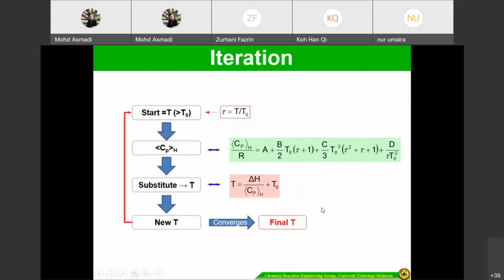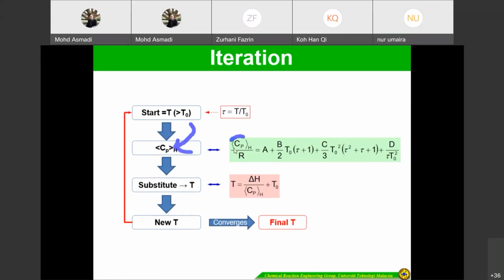So what you have to do is guess, because the initial temperature is given. For the first guess for the final temperature, it should be more than T naught. That one you have to remember. You guess more than T naught, and then substitute into the mean heat capacity.